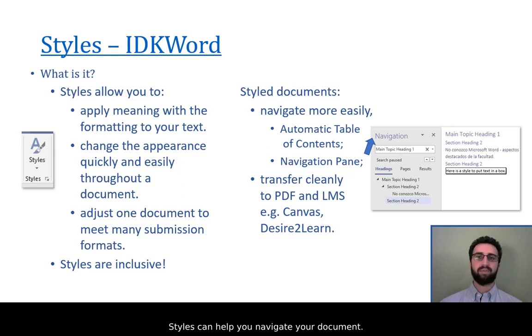Styles can help you navigate your document. Automatically create a table of contents from your styled text, or use the navigation pane to jump to a heading. A styled document also transfers into a learning management system, such as Desire to Learn or Canvas, or a PDF file. Most importantly, styles can make your documents easier to read and understand.